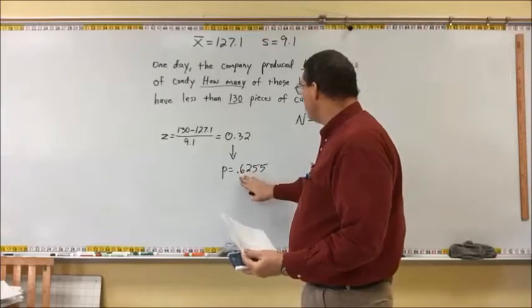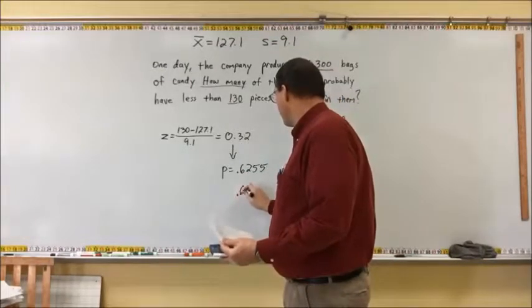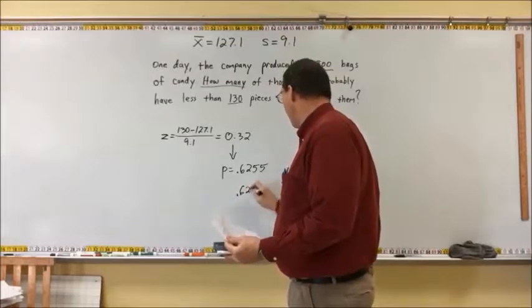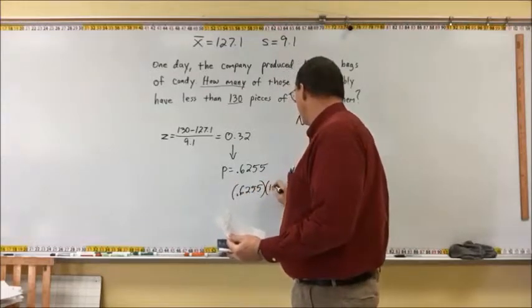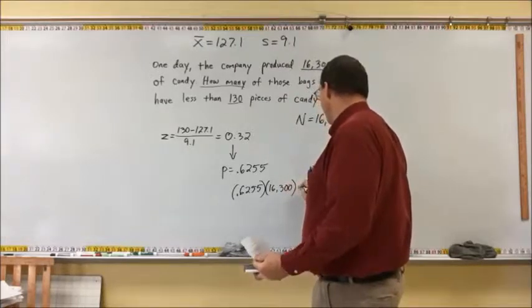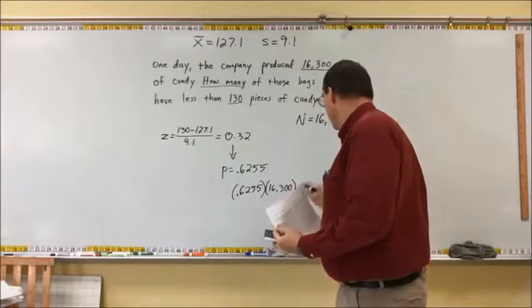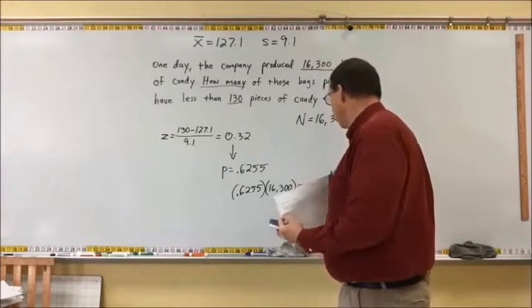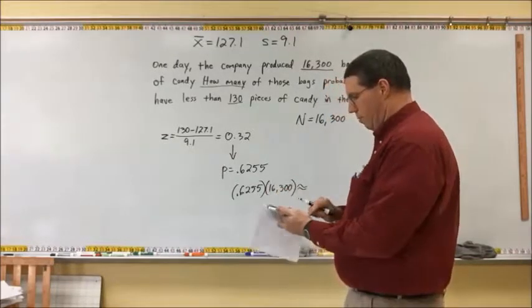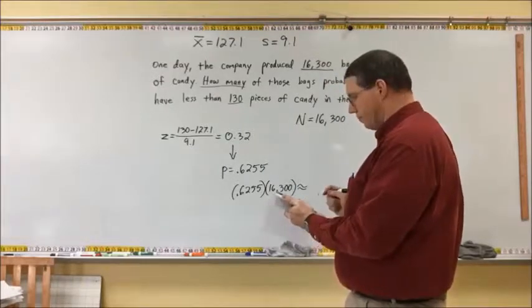But now we have to multiply this number times the population. So we're going to multiply 0.6255 times the population, 16,300 bags. And that will give us approximately, it might be precise, but we'll put an approximately just in case. All right, so 0.6255 times 16,300.